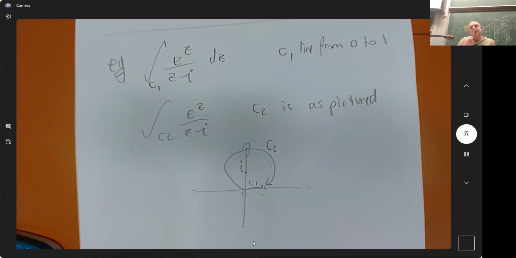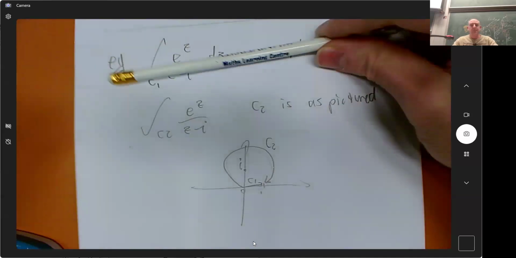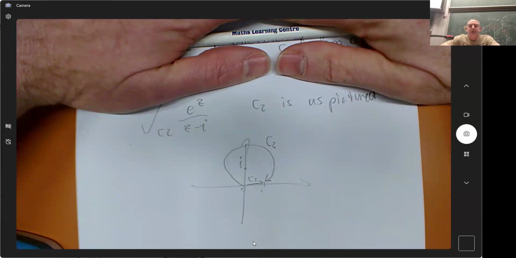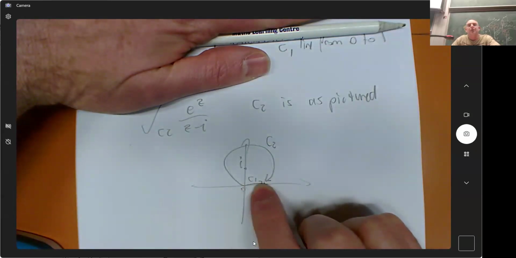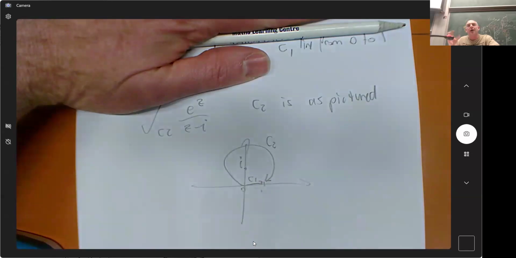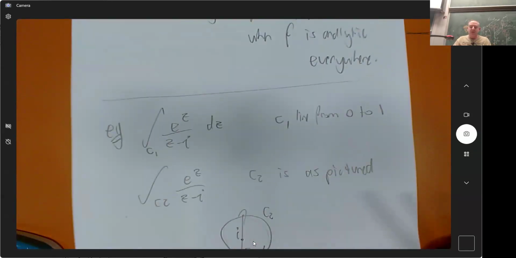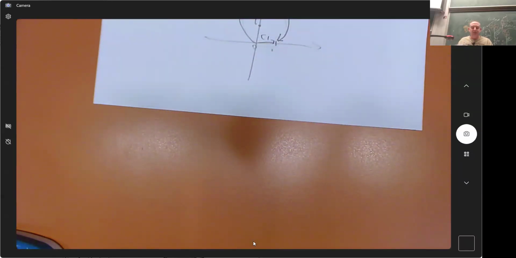I'm not sure that a friendly lecturer would do an exam question like this, but I can imagine an assignment question that would not give you this one and just say, find this integral. And then you could find this one using parameterization, and then use the fact that together they are 2 pi i times the residue to figure out what the other one had to be to complete the circle. So that would be my nasty question just to myself.